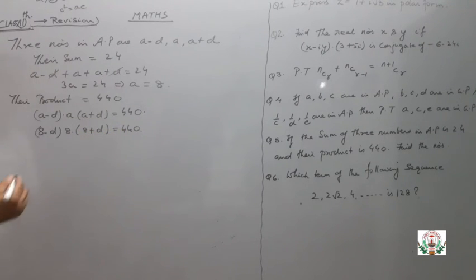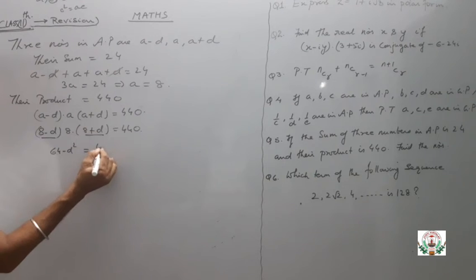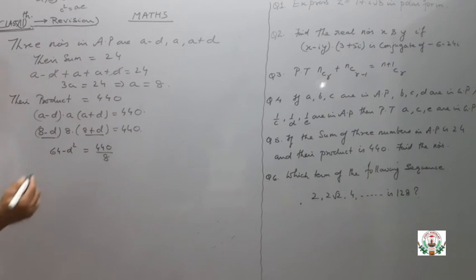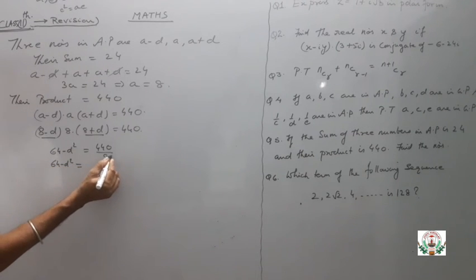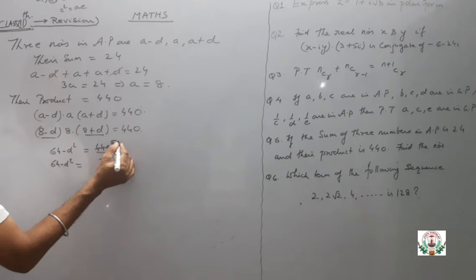So 8 minus d into 8 plus d gives 64 minus d square, and 440 divided by 8, this 8 will come down. So 64 minus d square equals 8 4s are 32, 8 5s are 40.